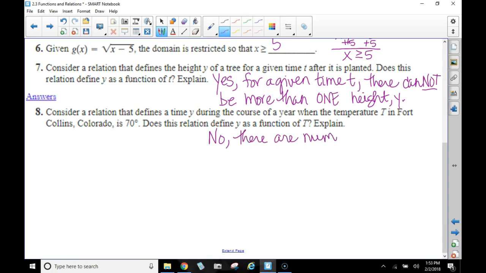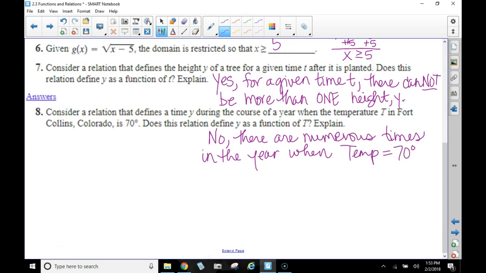when the temperature is 70 degrees. One other thing to think about these is like if it asks, does the relation define y as a function of t?